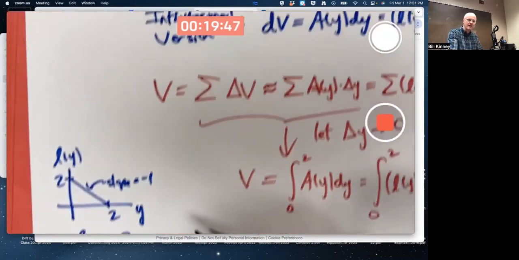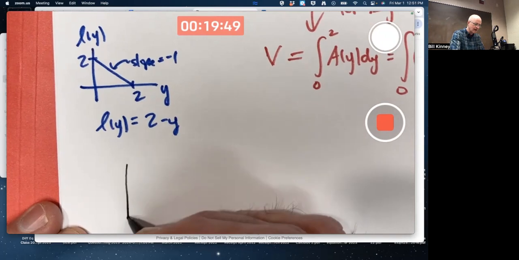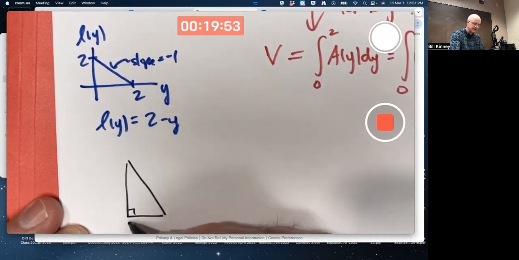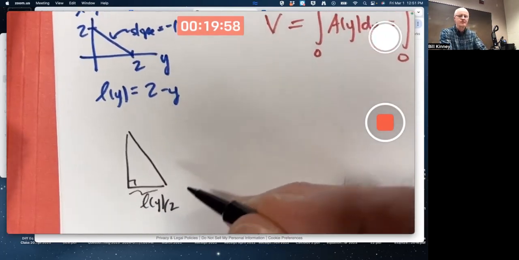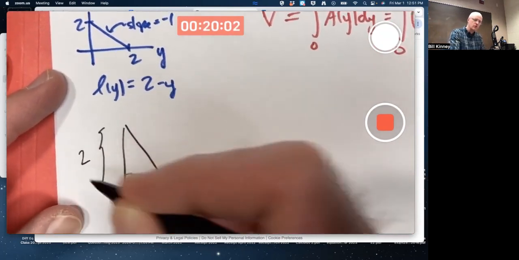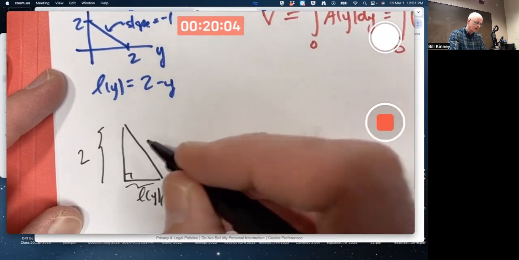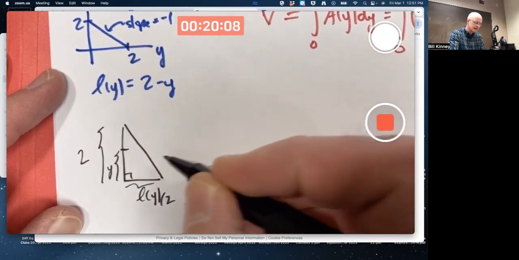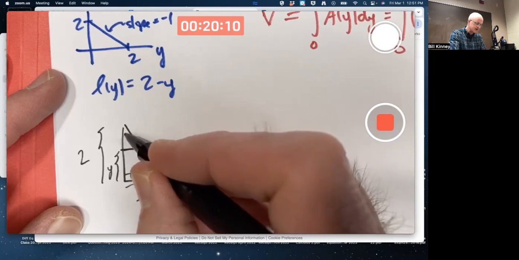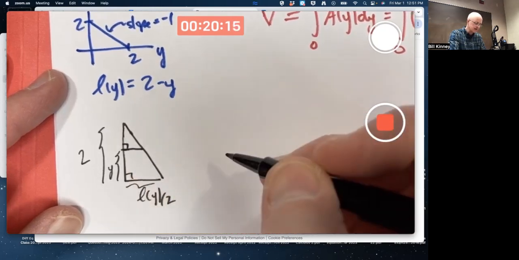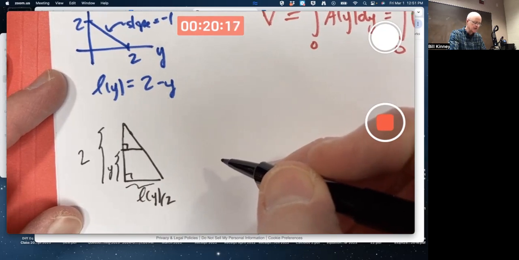Let me redraw that down here. There's the big right triangle. This is L of y divided by 2. This side here is 2 meters. I'm at an arbitrary value of y. The other triangle that's similar to the original triangle is this one right here. It's got the same angles. It's a smaller triangle.